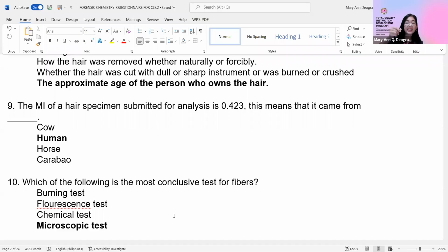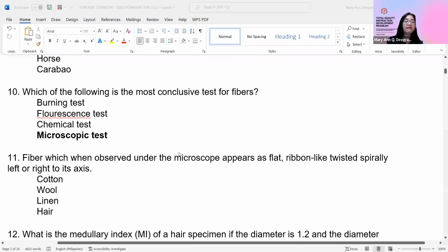Kahit yung literal na bulak ilagay natin sa microscope slide, ganun ang itsura niya. So it's microscopic test. Okay, next. Number 11. Fiber which when observed, ito nga nasabi ko na, it's cotton. So left or right on its axis, we have cotton.